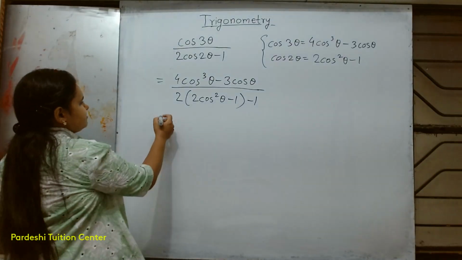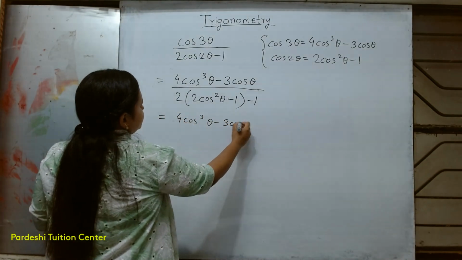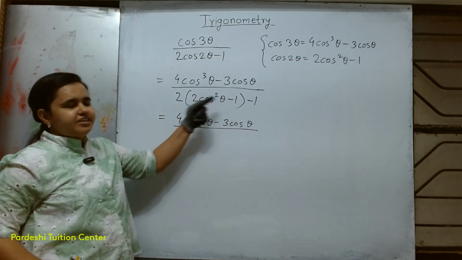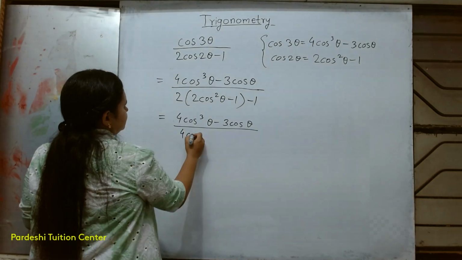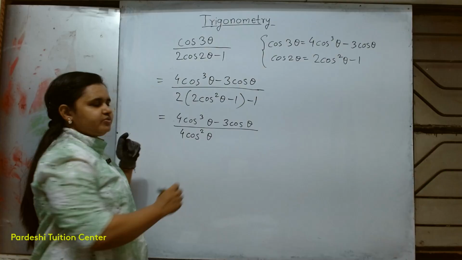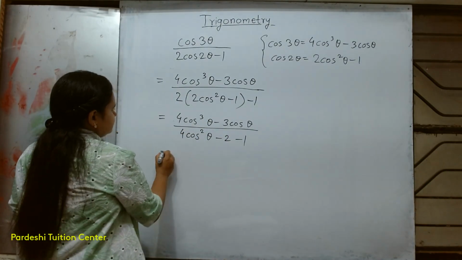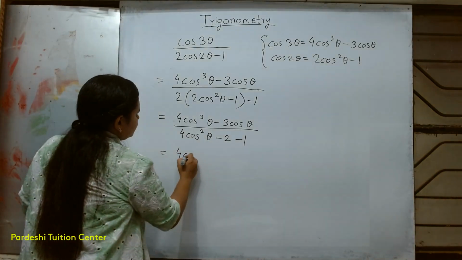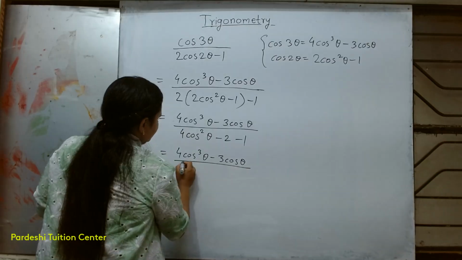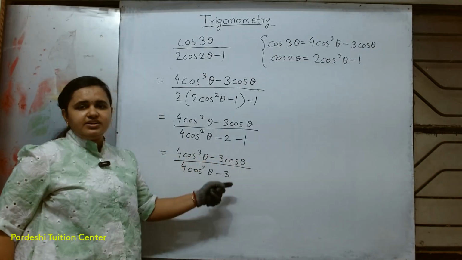So it is 4 cos cube theta minus 3 cos theta upon, if we multiply 2 inside the bracket, 2 2s are 4 cos square theta, and 2 multiplied by minus 1 is minus 2, minus 1 again. So it is 4 cos cube theta minus 3 cos theta upon 4 cos square theta minus 3. Minus 2 minus 1 is minus 3.